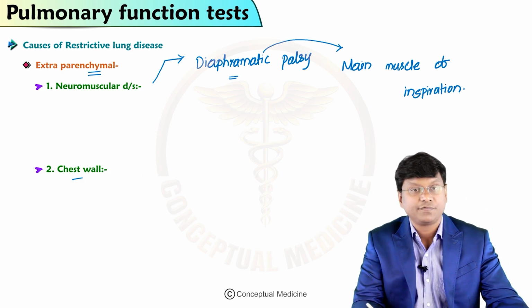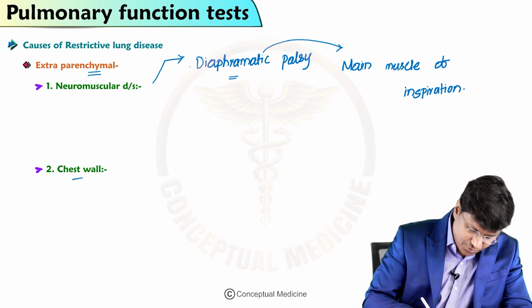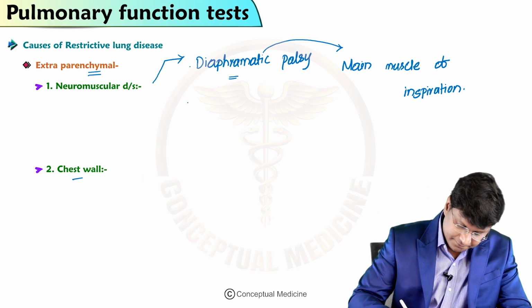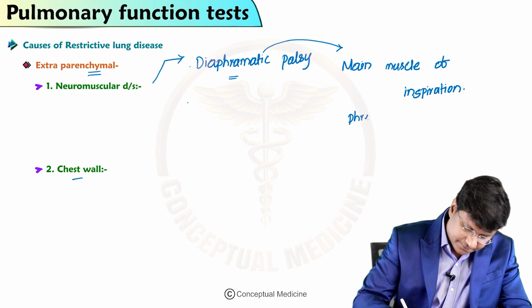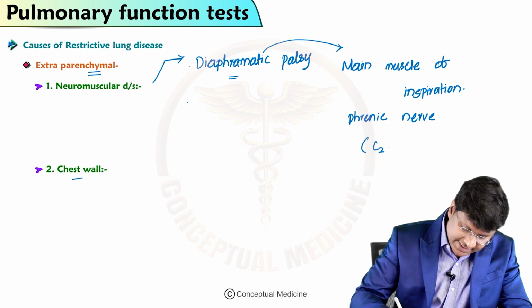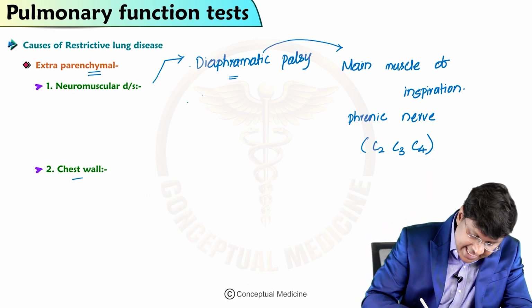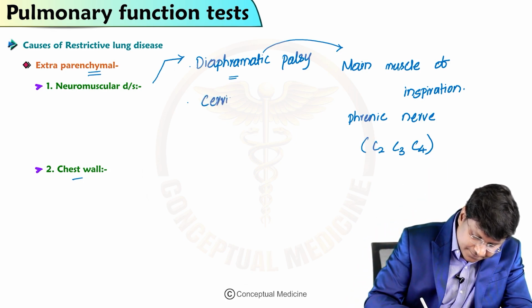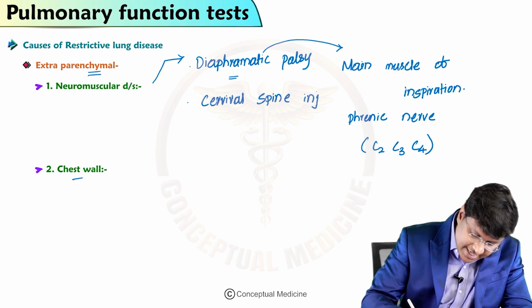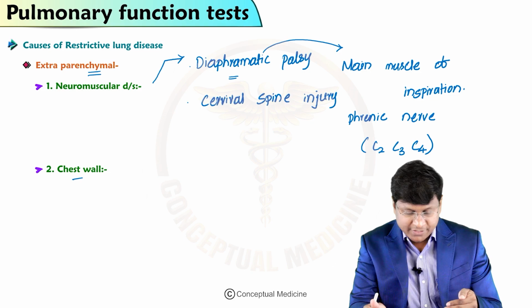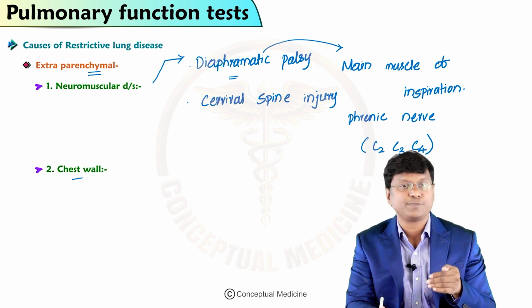Right, it is the main muscle of inspiration, and you have to remember that the nerve supplying the diaphragm is the phrenic nerve, and the phrenic nerve has the root value C2, C3 and C4.